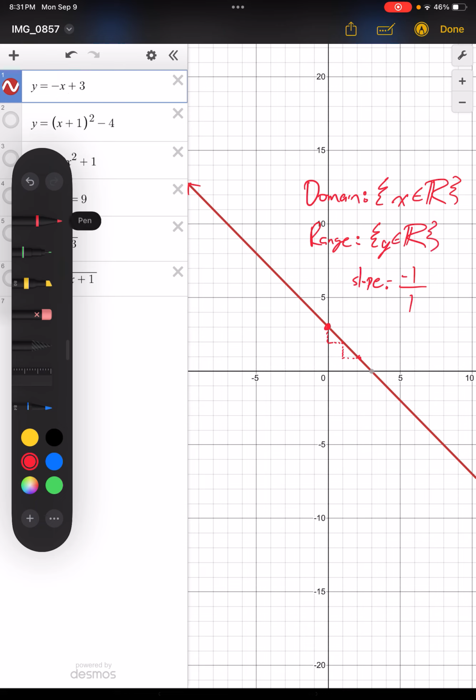And it makes sense too, because for every real number, you just multiply it by -1 and add 3, and it's going to be different every time. If we do the vertical line test, we see there's one value for each x value, and there are no restrictions on what x can be, and then y is just that same number.